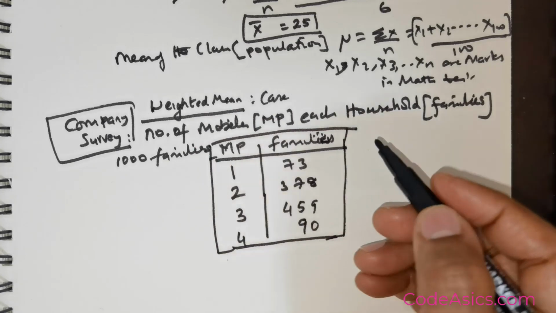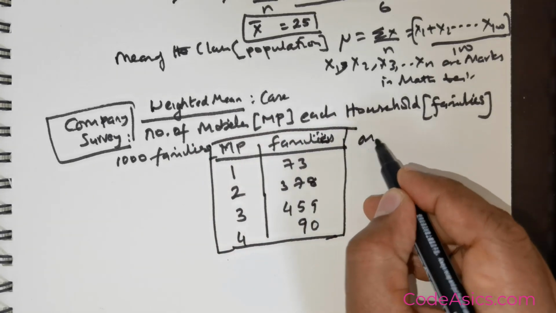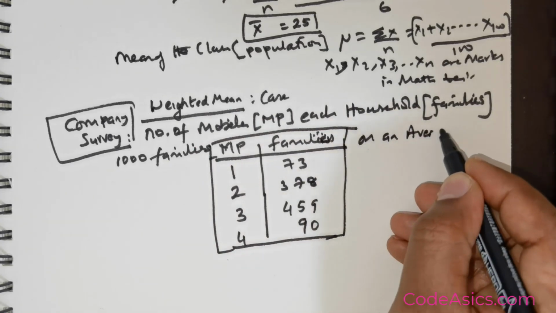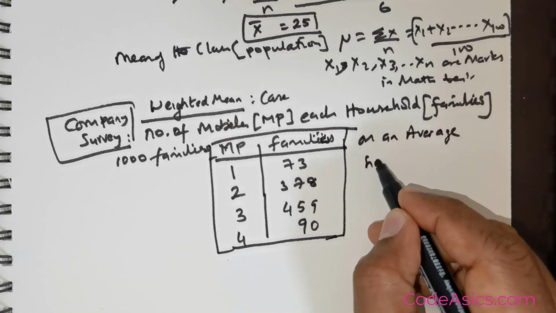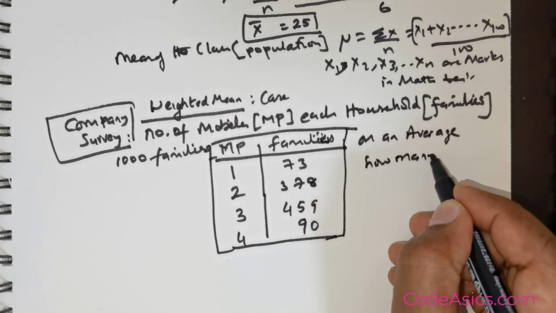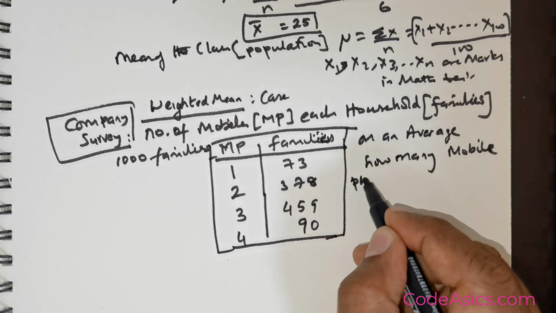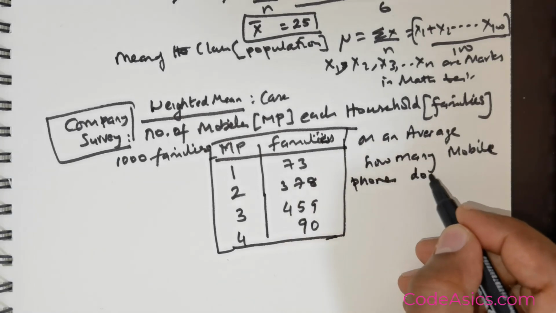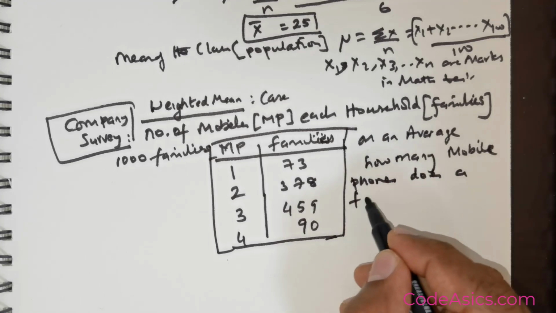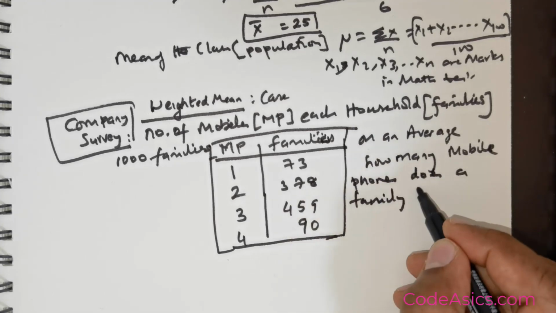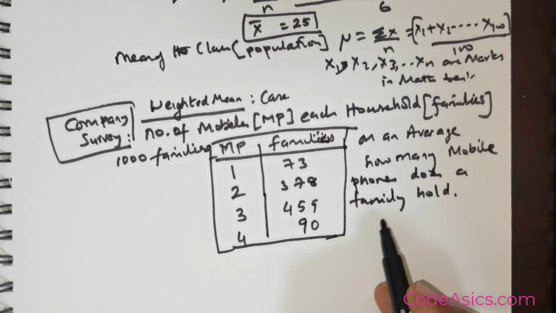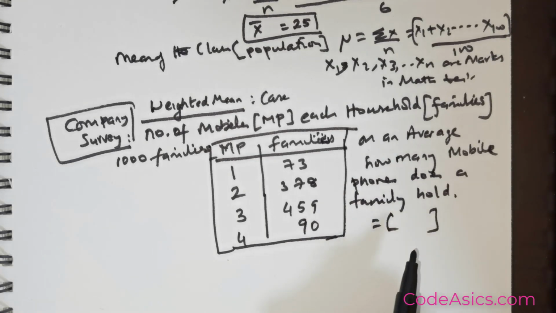Now the most important question is, on an average, how many mobile phones does a family hold? So you need to come out with a number.